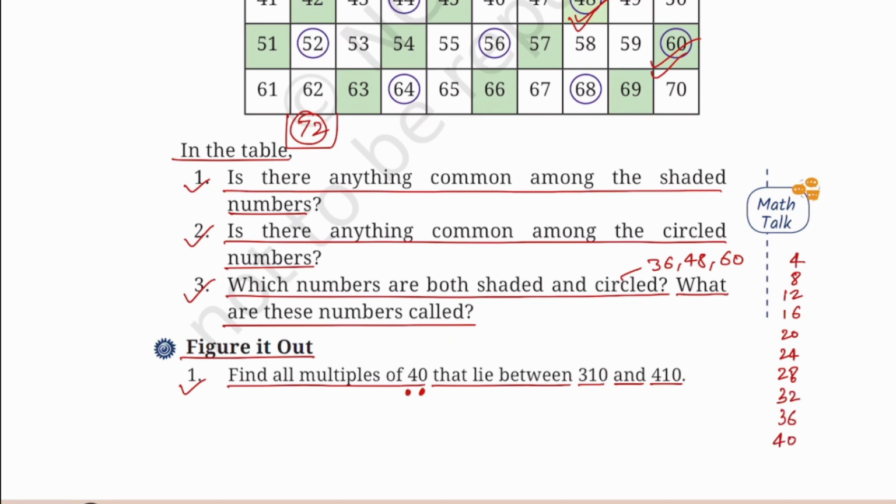They will have an additional 0 at its units place. Like this. So, since the question asks multiples of 40 between 310 and 410, the answer will be 320, 360 and 400.